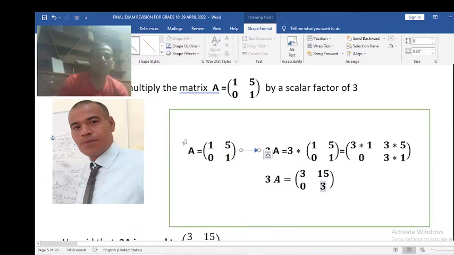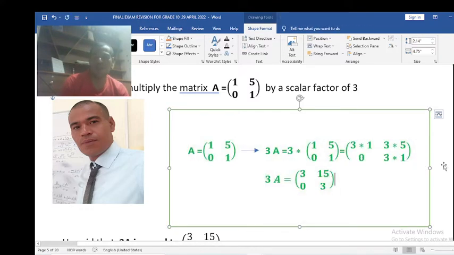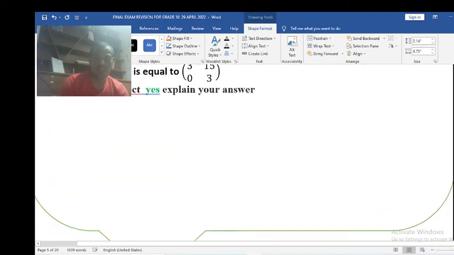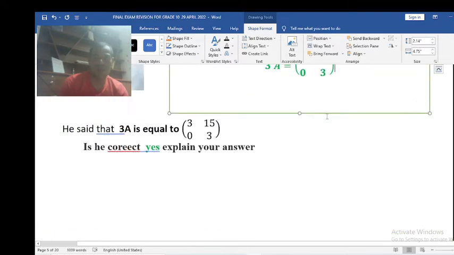This is the correct answer for this question, meaning that your mathematics teacher Murad really found the correct answer. Your explanation should be written here.